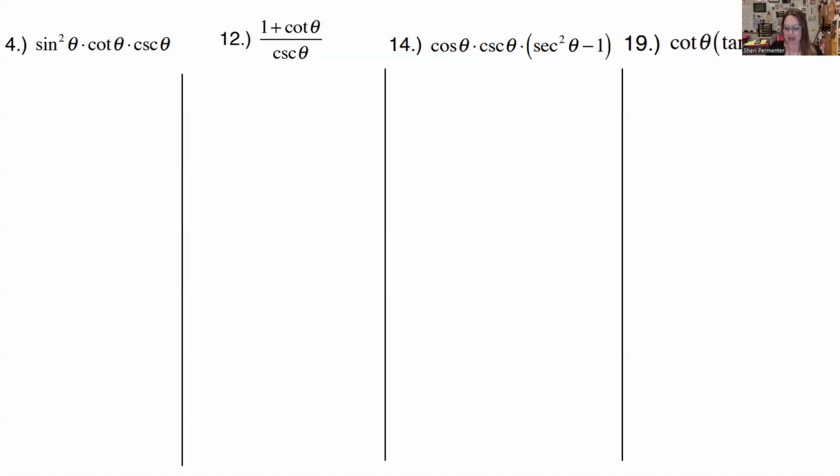So this is the second packet, and I don't have anything marked off for this. So second packet, let's go quick. For question number 4, I might not be sure where to start, so my go-to is always, let's change things into terms of sine and cosine. Sine is already sine.